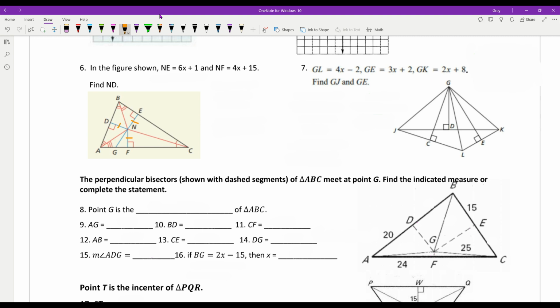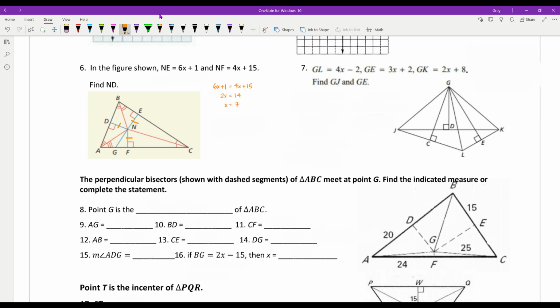They give me NE and NF in my directions. So I know that 6x plus 1 has to equal 4x plus 15. If I subtract 4x and subtract 1, 2x equals 14 and x equals 7. But I have to find ND, and ND is the same.